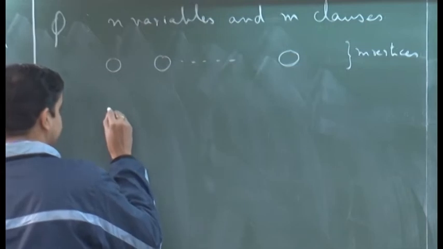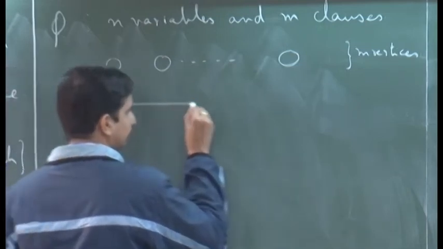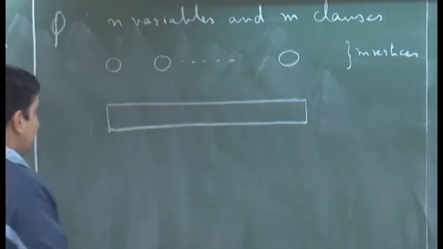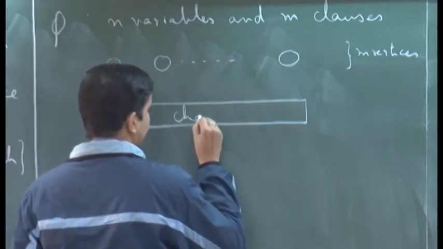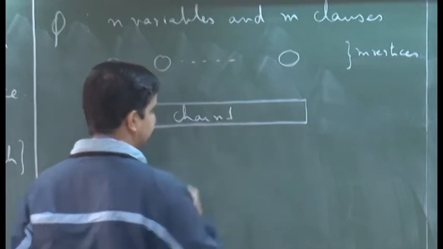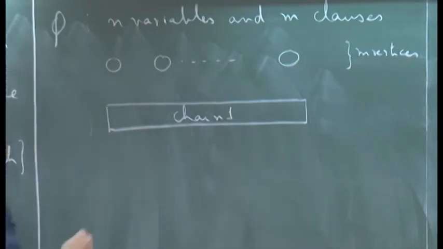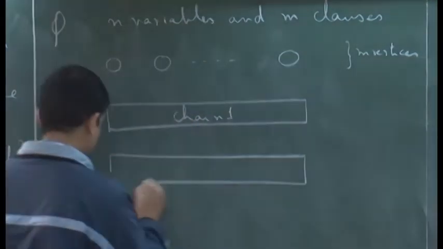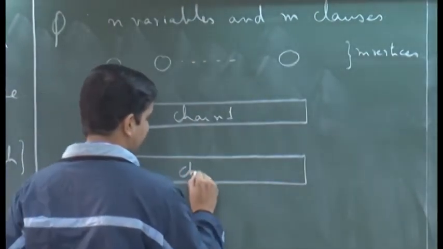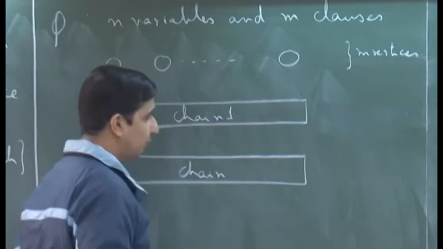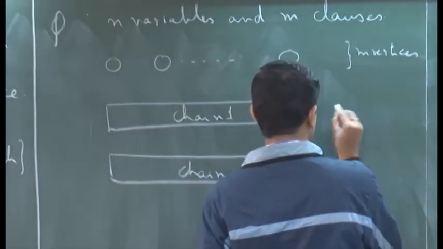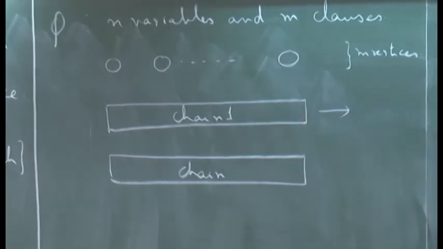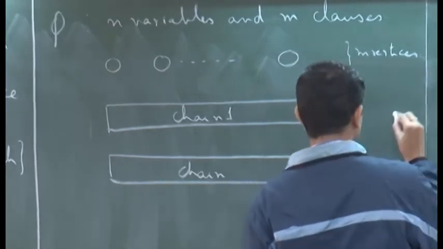We have chain 1 that corresponds to the first variable, then we have chain 2, and what does each of these chains look like? They have a simple structure. Each chain has 4m vertices as follows.